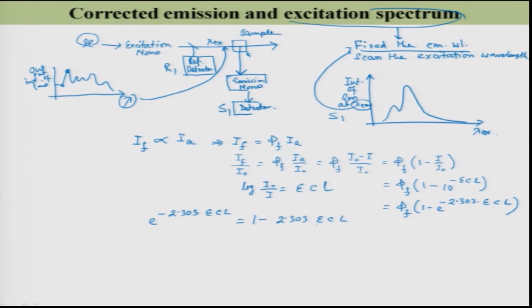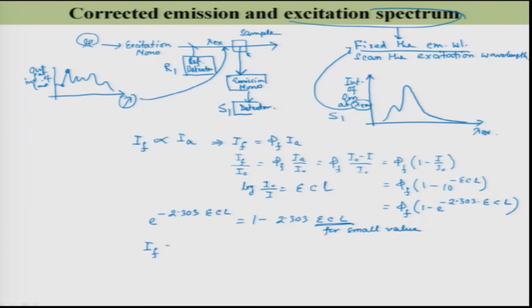So, for small values, epsilon CL is nothing but the absorbance. So, only when the absorbance is small can I write this.